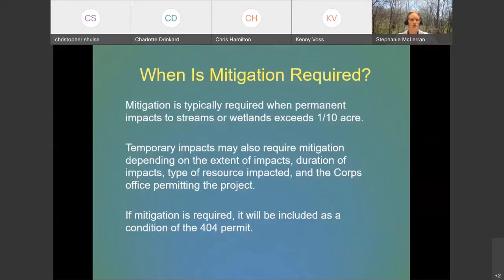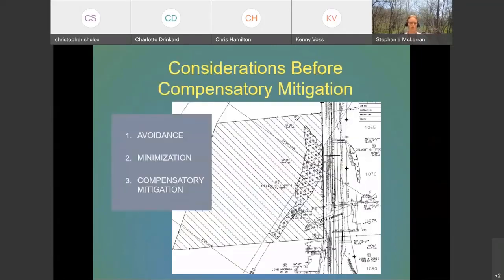It's typically required when permanent impacts to streams or wetlands exceed 1/10 of an acre. But sometimes temporary impacts may also require mitigation depending on the extent of impacts, the duration of the impacts, the type of resource that is impacted, and the Corps office that is permitting the project. And if it's determined that mitigation is required, it will be included as a condition of the 404 permit.